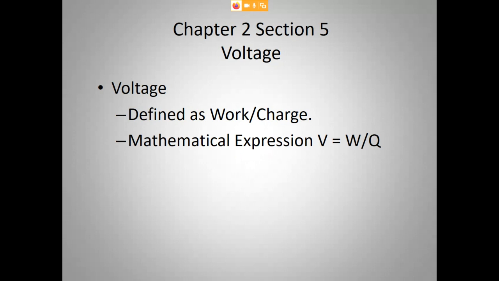So voltage is basically saying how much work you can do. Your voltage is work divided by the amount of charge that you have available. So that's the definition. Notice here, when we look at voltage, it's defined based on the work and the amount of charge.